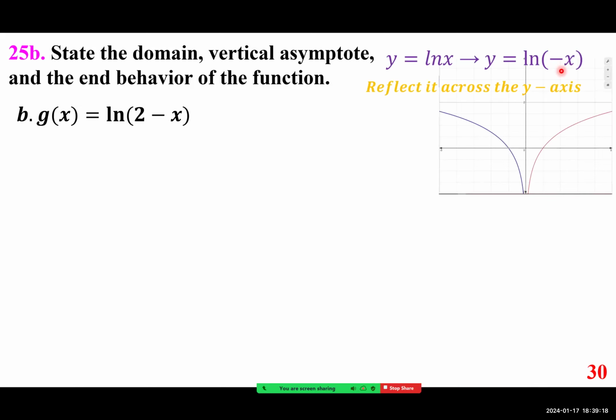So this is y equals ln x, with this point having coordinates 1, 0. This is y equals ln of minus x, is the reflection of that, and the x-intercept has coordinates minus 1, 0. By the way, there is no y-intercept.